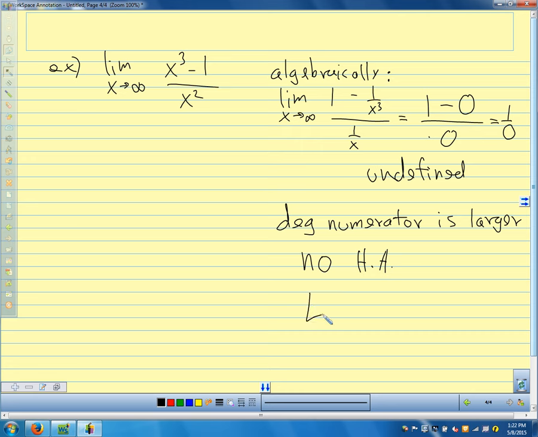The limit does not exist. We call these kinds of functions top-heavy, and here's our shortcut. When rational functions are top-heavy, the limit does not exist. Top-heavy, limit doesn't exist.